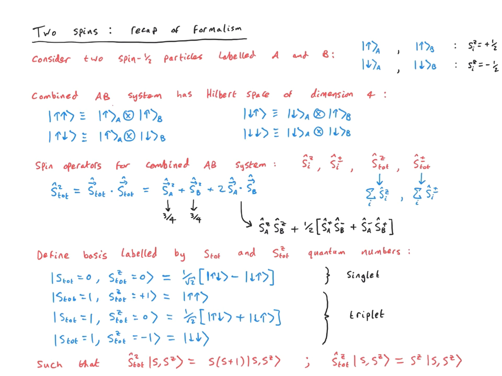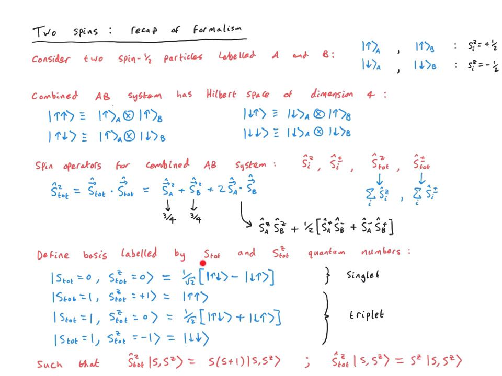These are therefore quantum numbers. Here are the states. We can label them by S total and S total Z. You see here on the right-hand side in the definition in terms of our original basis that we need to take superpositions or linear combinations of our product state basis so that these states are eigenstates of the spin operator.